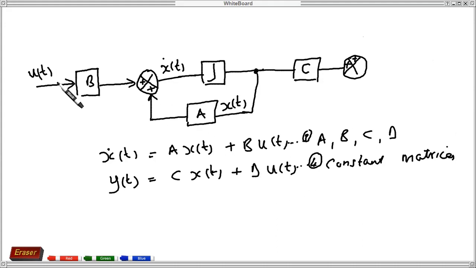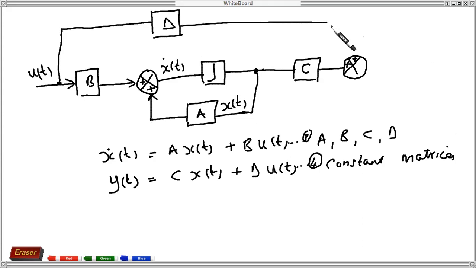That means we tap u, pass it through a block whose content is D, and into our summing point. Out of that summing point, we get our y of t. This becomes the block diagram representation of a system modeled in the state space approach.